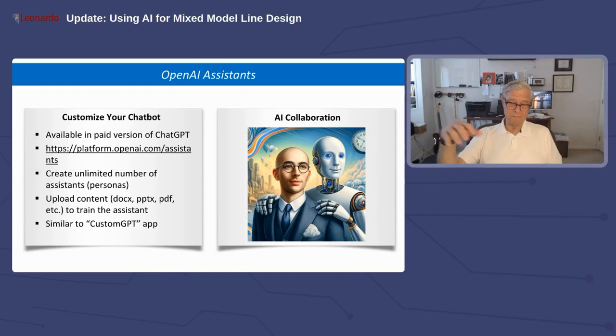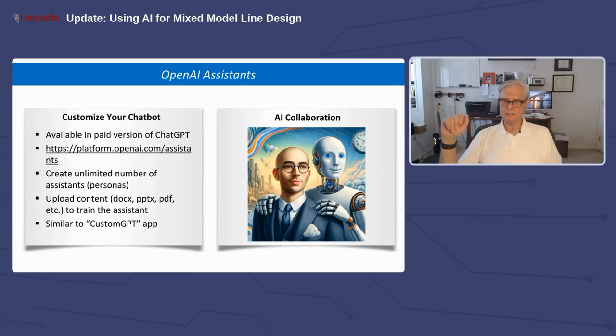You can create them, assign them a name, and assign an image if you want, like a picture of your avatar. Then you can share content with the avatar, documents. And the basic thing is you can train your assistant in your content.